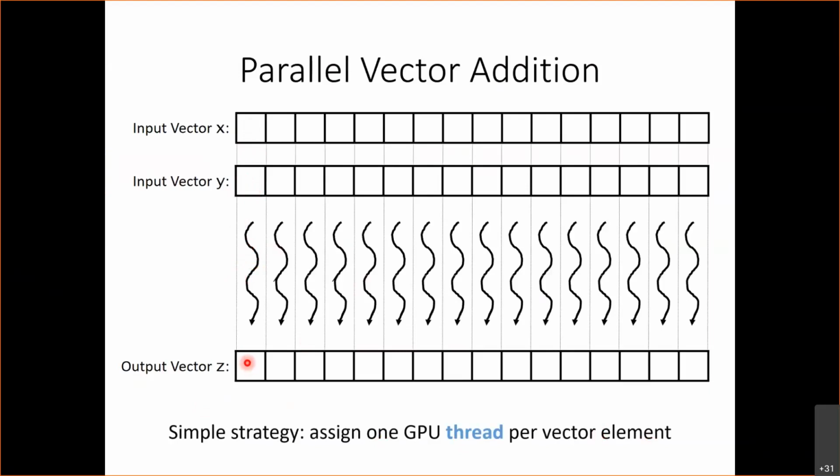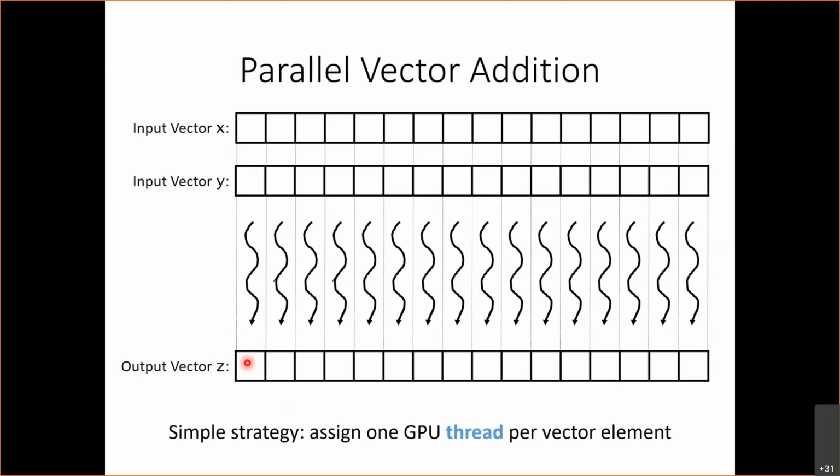Now what we still need to do is write a program that runs on the GPU that assigns every thread to one of these elements to do the addition. Somebody's asking, do we still need a loop for that? Well, we're going to see how to do it. So hold on for a little, and we'll see.